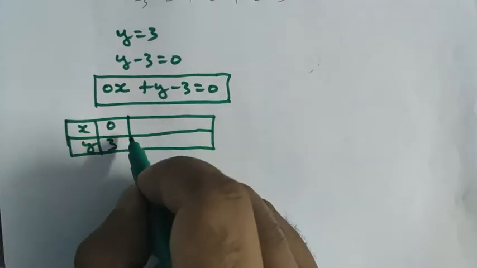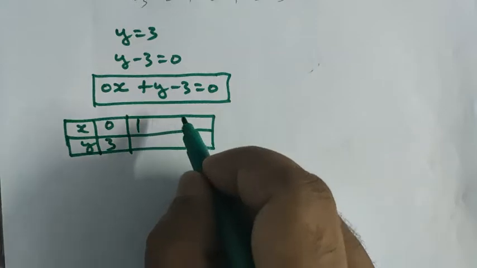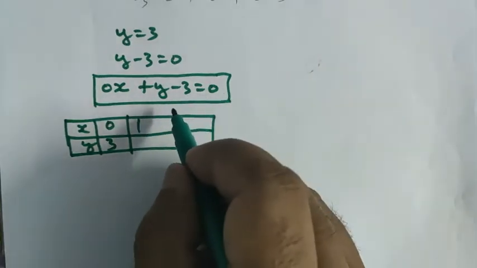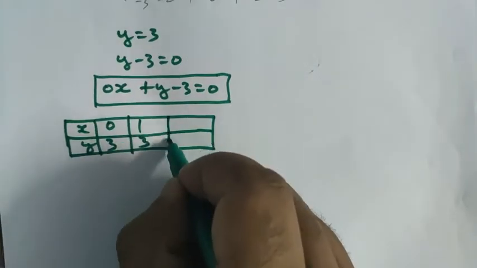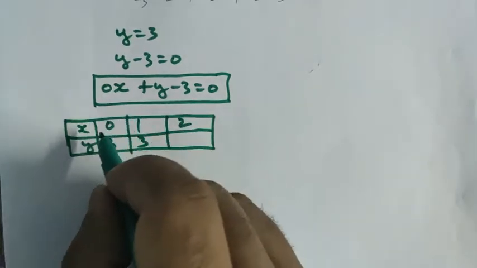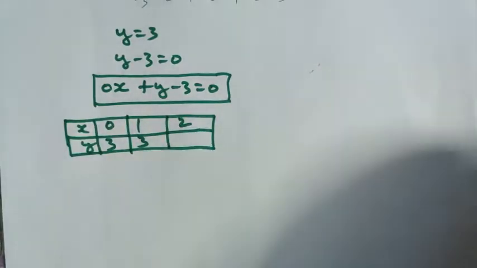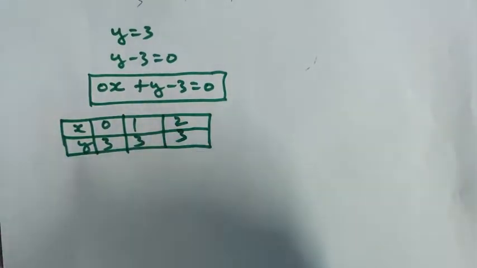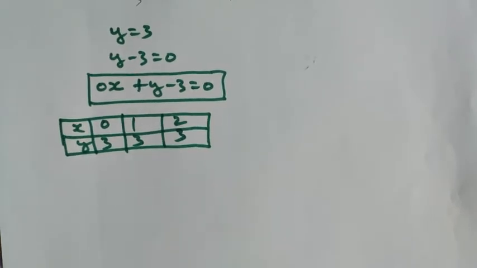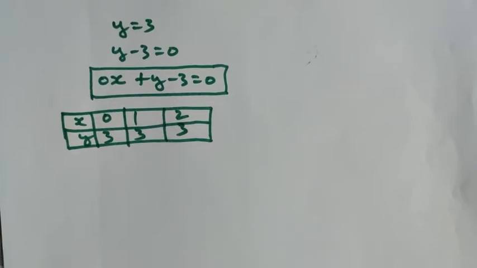If we take x as 1, then 1 multiplied by 0 is 0, so y minus 3 equals 0, again y equals 3. If we take x equals 2, again 2 into 0 is 0, so y minus 3 equals 0, y equals 3. That means if we take any value of x, y will always be equal to 3. So what will the graph be?